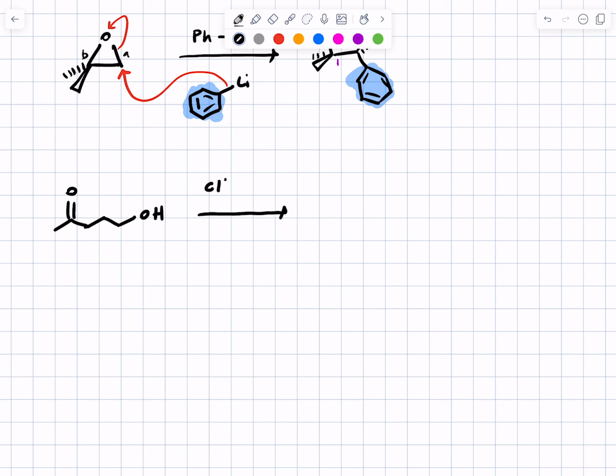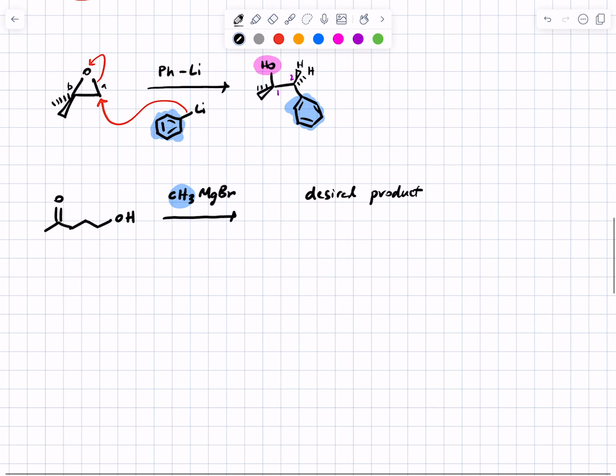Suppose a very simple reaction would be to take the methyl Grignard reagent, and suppose my desired product is that I want to add the methyl from that Grignard reagent to the carbonyl carbon to give me the corresponding tertiary alcohol.